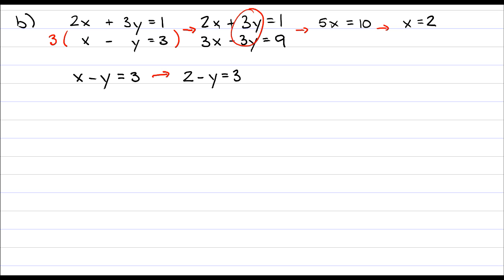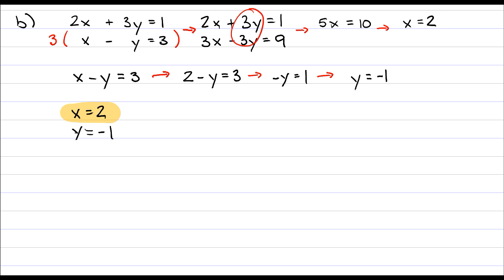I subtract 2 from both sides to get minus y equals 1. Then I multiply both sides by negative 1, or divide both sides by negative 1, however you want to think about it, and I get that y is minus 1. So summarizing my solution, I get x equals 2 and y equals minus 1.